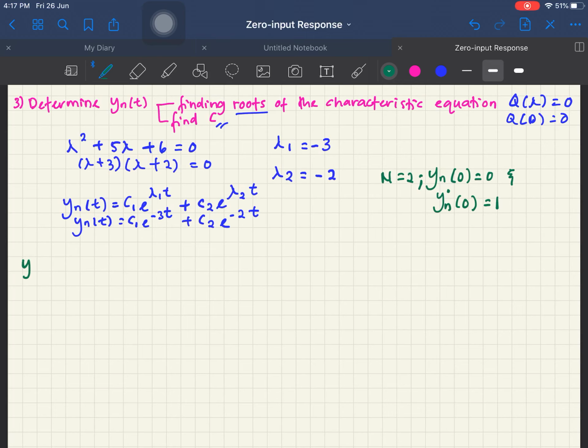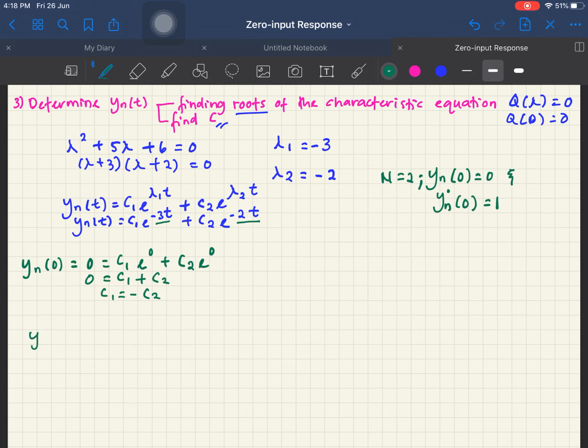For yn of 0 equals 0, we have c1 e to the power of 0 plus c2 e to the power of 0, so 0 equals c1 plus c2, or simply c1 equals minus c2.